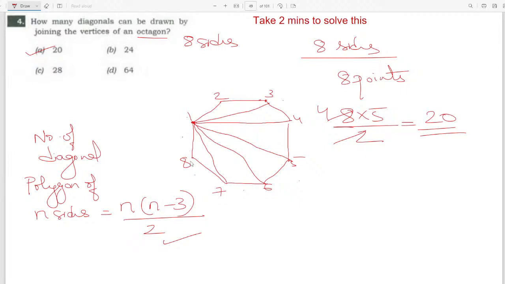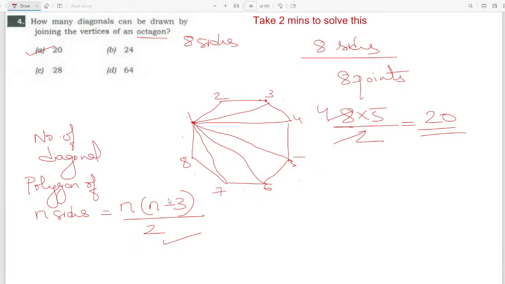And 8 also you cannot join, because that will again become a side of the octagon. So you cannot connect it with these 3, that is 8, 1 and 2. There are only 5 points left: 3, 4, 5, 6 and 7.